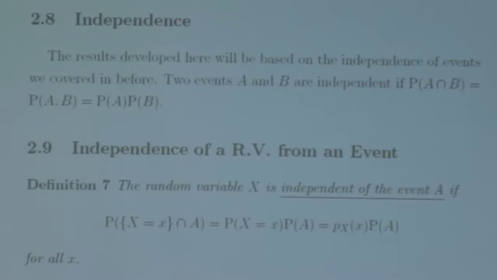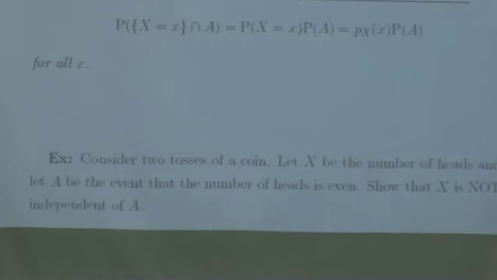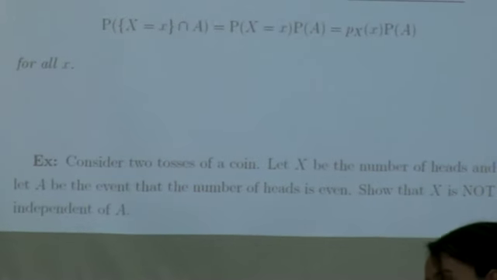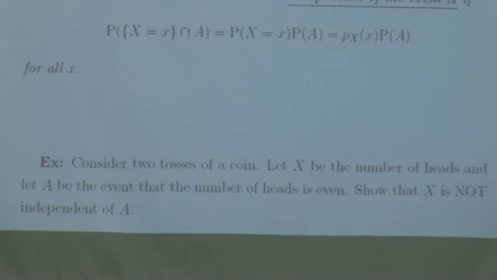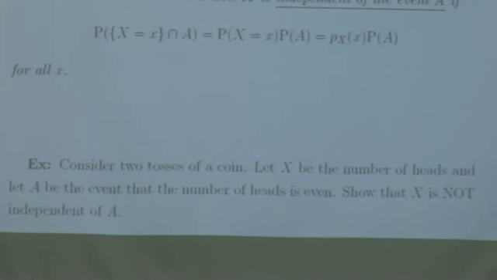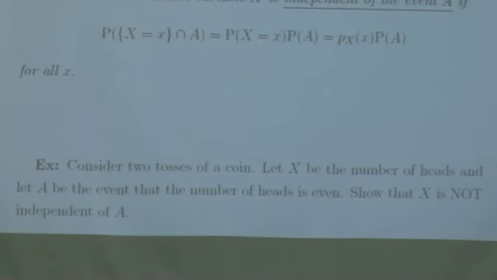Just do one example and finish it for today. Consider 2 tosses of a coin. Let X be the number of heads. You tell me, what's your name, please? Burak. In 2 tosses of a fair coin, independent tosses, what is the expected number of heads?